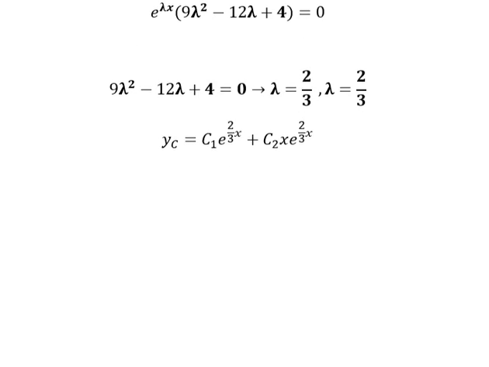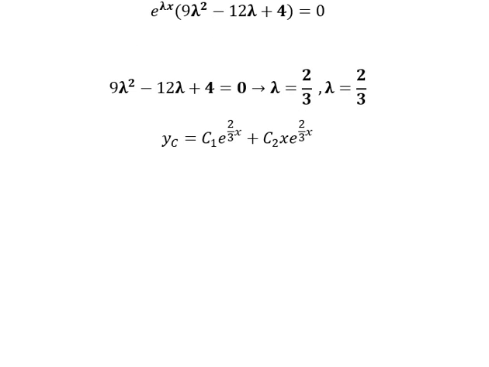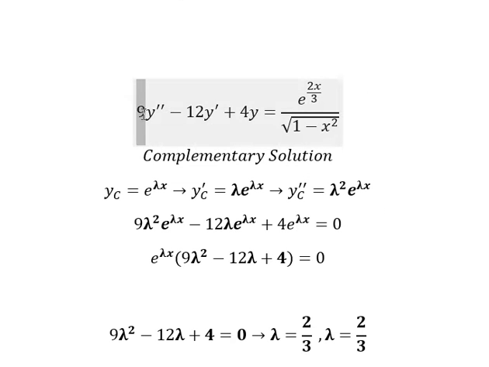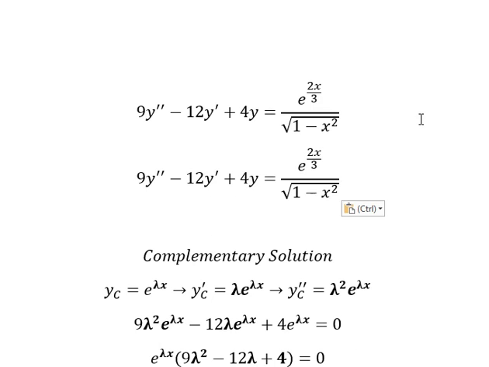Now we go to the particular solution. So that should be variation of parameter. For this one, we see that we have number 9. So now we divide both sides by number 9.